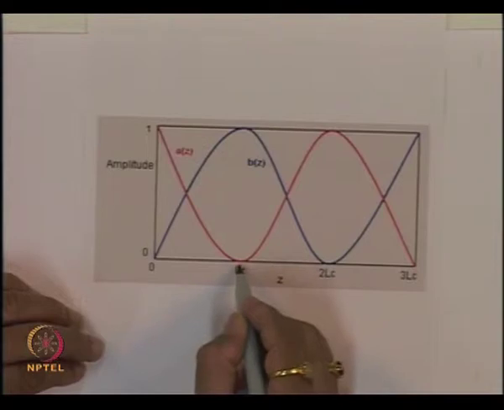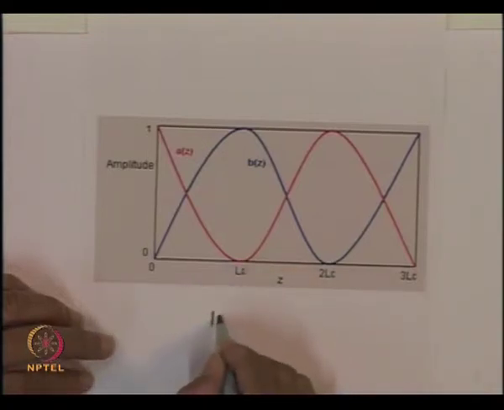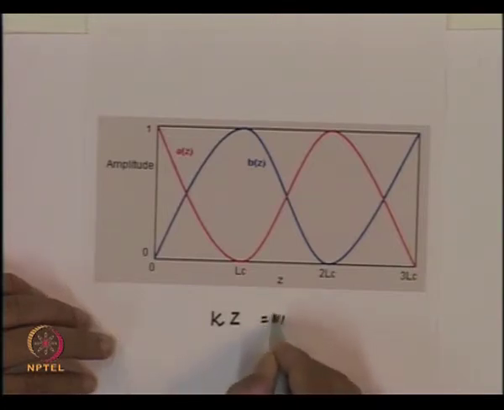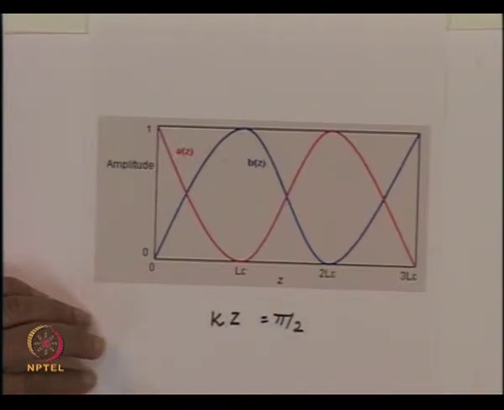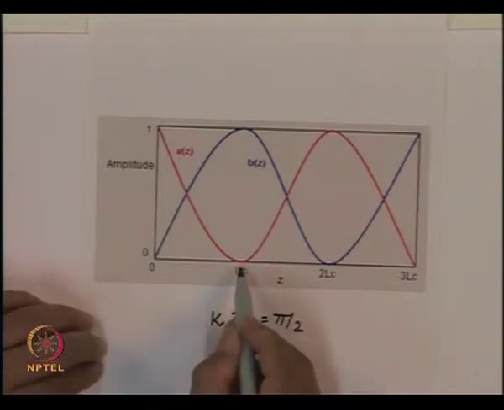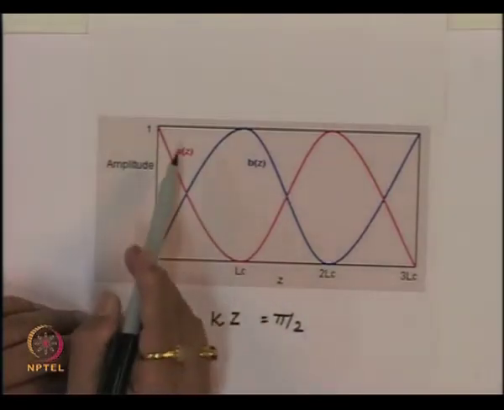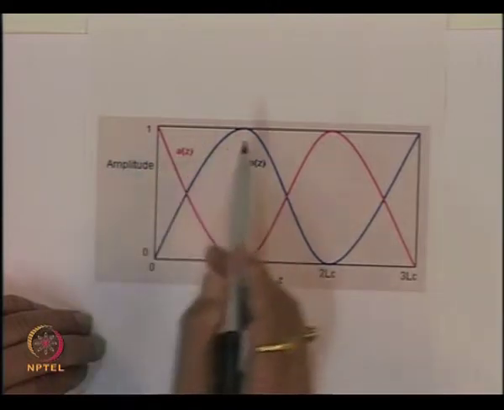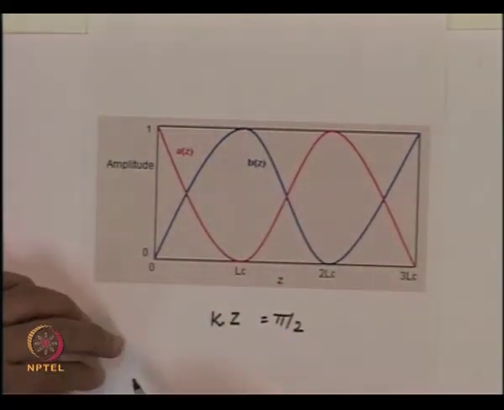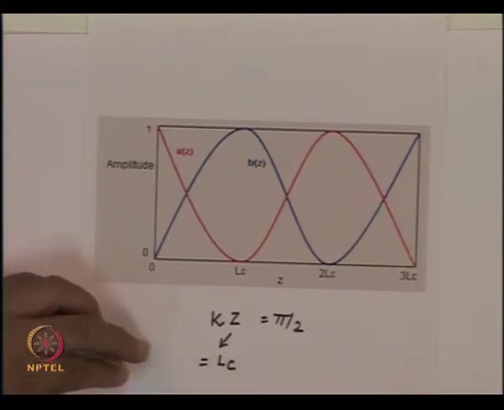So this is the distance when k into z becomes equal to pi by 2. That is the distance at which the entire power which was in waveguide A has been shifted to waveguide B. This condition will be satisfied for z equal to what we call the coupling length.